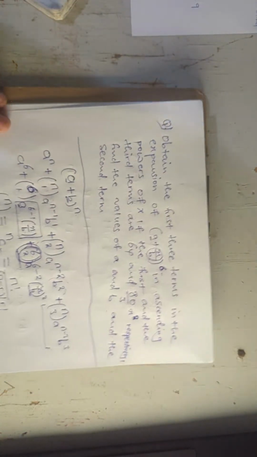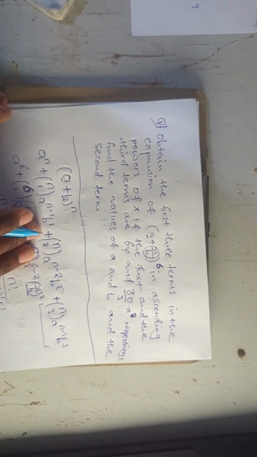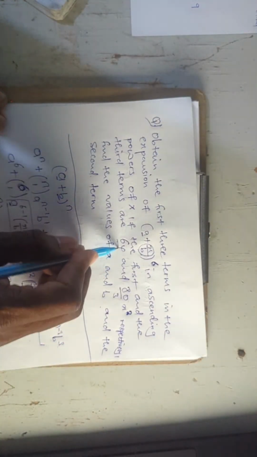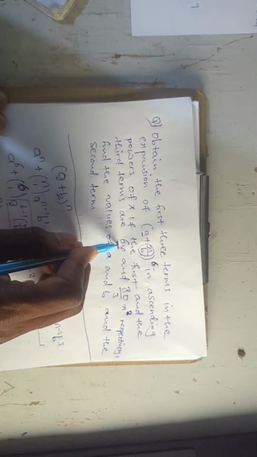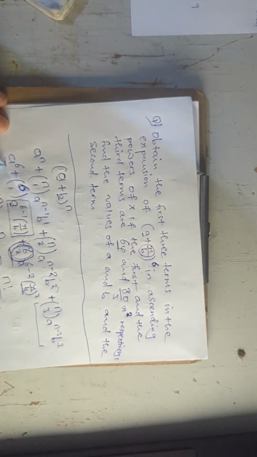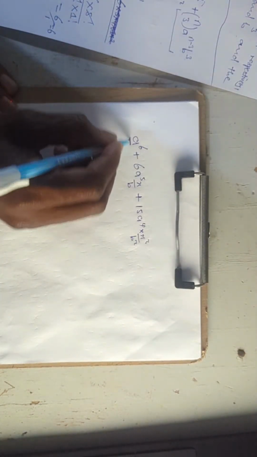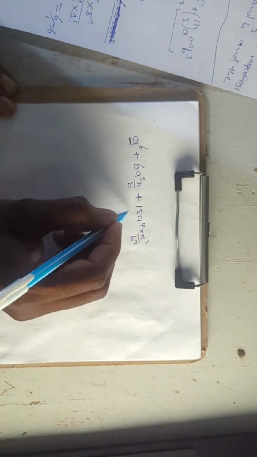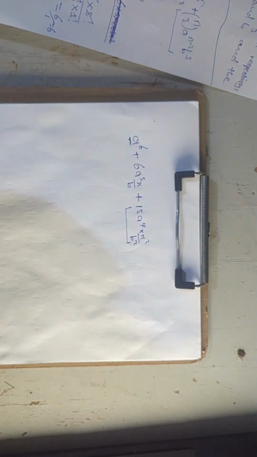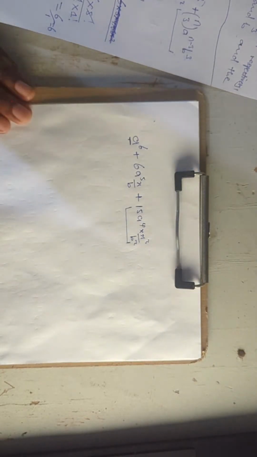Do you still remember what the first and the third term is? Based on the question, they're saying the first term is equal to 64, meaning that this has to be equated to 64. The third term they're talking about has to be 80 over 3 x squared. So in short, this is equated to 64, and this entire part has to be equated to 80 over 3x squared.